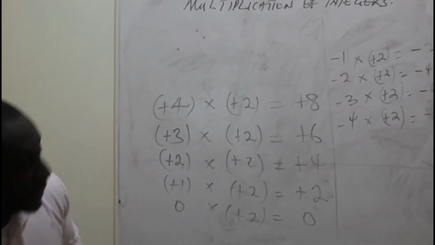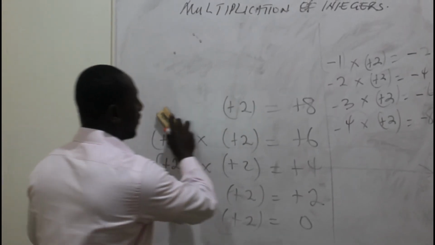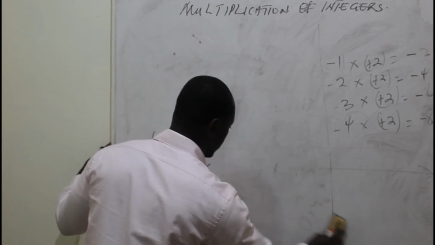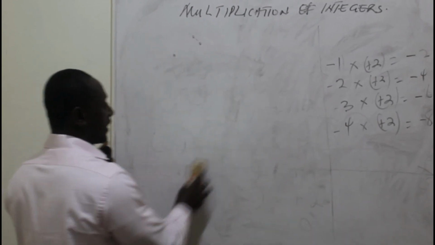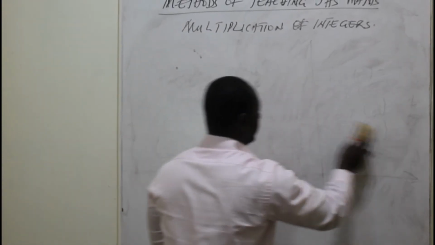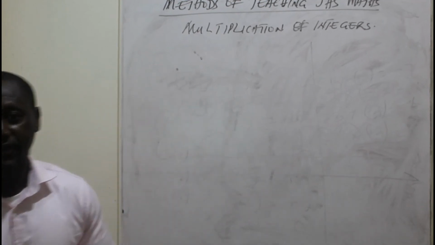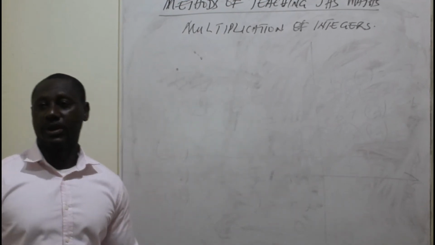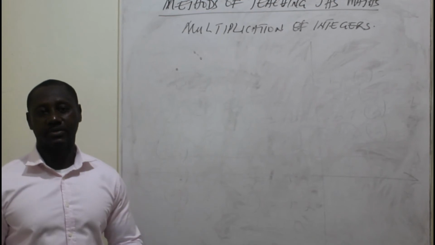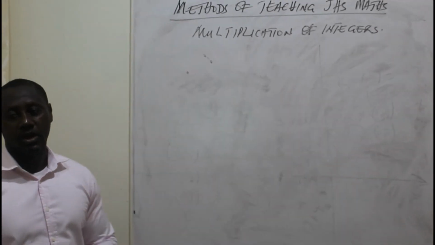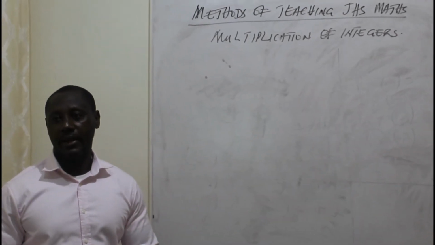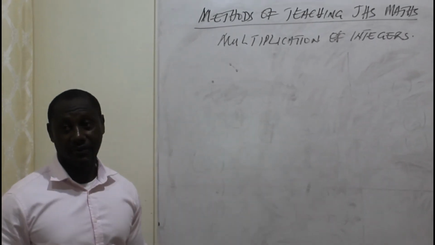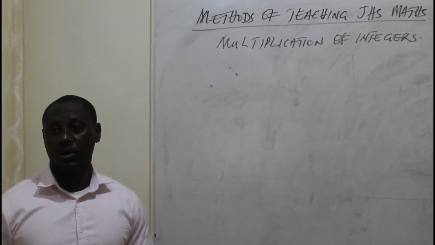Now, if it is for negative numbers, maybe you want to multiply 2 negative numbers. If I want to multiply 2 negative numbers, that one is so cumbersome to use concrete materials to do. And so we can also go by the same pattern that I've introduced to you here. Okay?